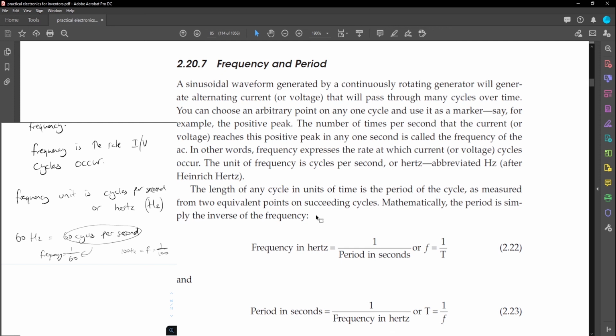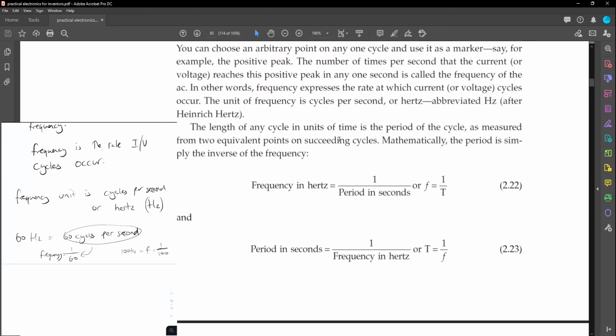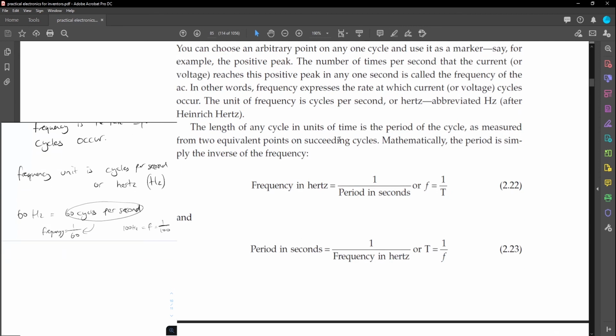Okay. Mathematically, the period is simply the inverse of the frequency. Yeah, I get that. So a 60 hertz frequency is equal to 1 over 60 period.